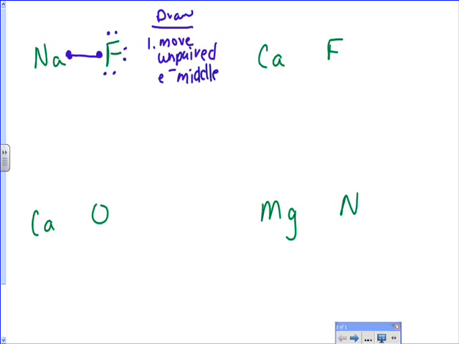So this is how we make our bond for Na and fluorine, or sodium and fluorine, okay? Now, let's look at calcium. And here we'll go ahead and put another step. Another step would be connect the unpaired electrons.